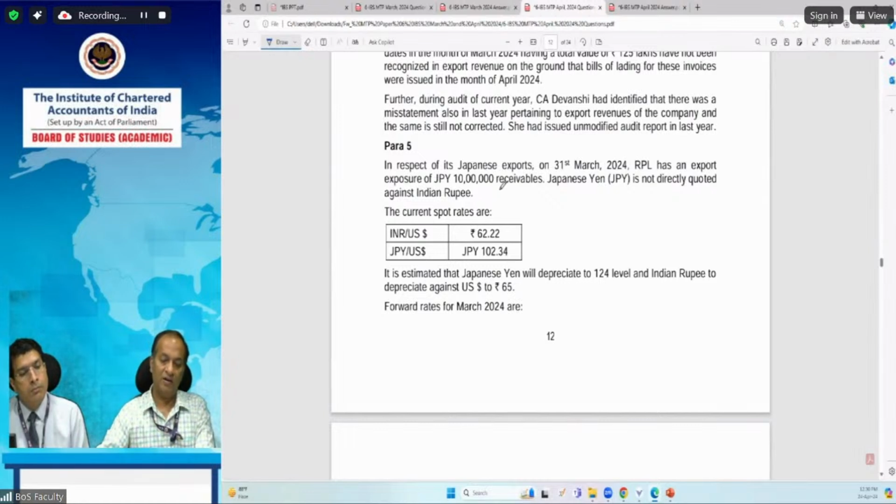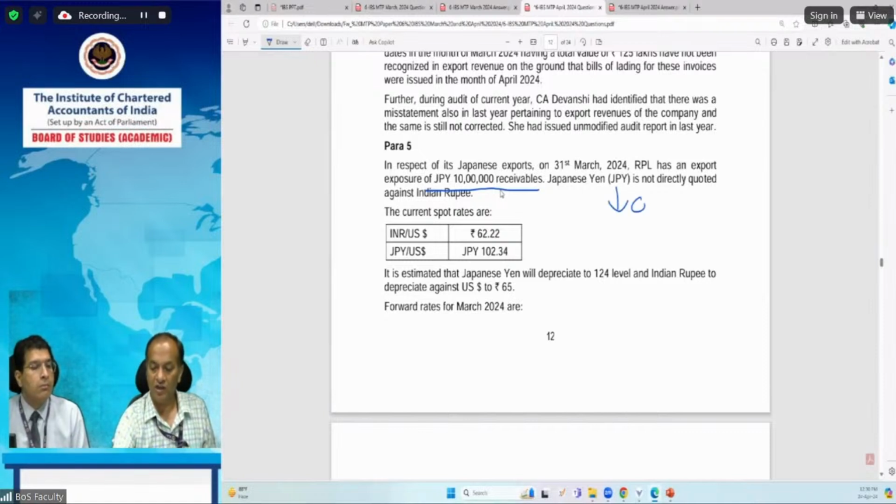Now in respect of its Japanese export on 31st March 2024, RPL has an export exposure of Japanese yen 10 lakh receivable. Japanese yen is not directly quoted against the Indian rupee, so it clearly indicates that we have to use the concept of cross rate. One second, sorry, my mistake.